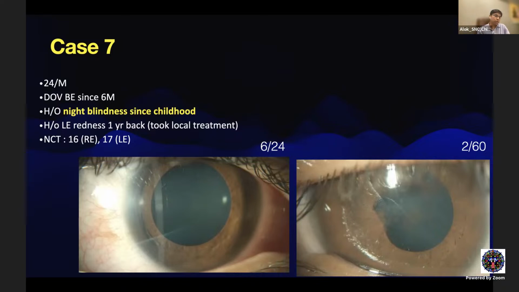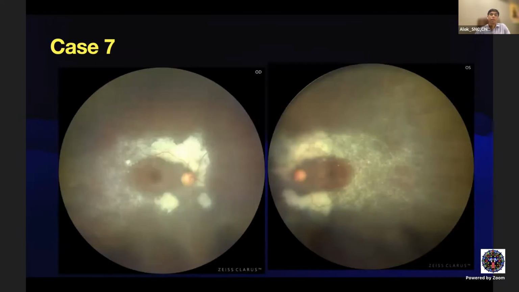What you can also see is that there was a broad-based posterior synechia in the left eye with some amount of pigment dispersal over the anterior lens capsule. Now, the fundus, to our surprise, showed a normal-appearing optic disc.